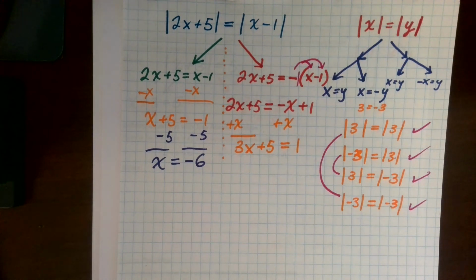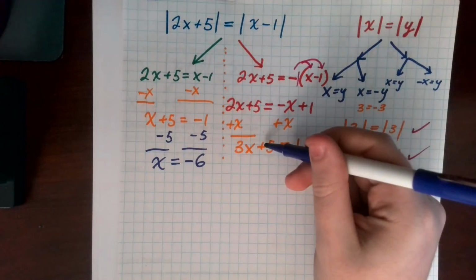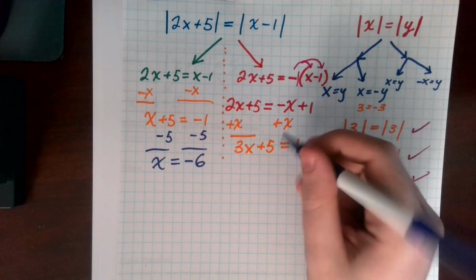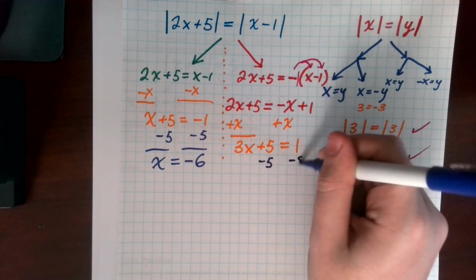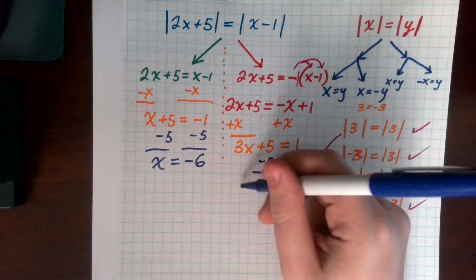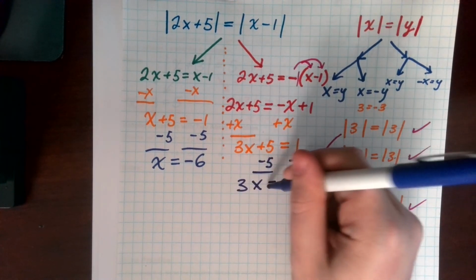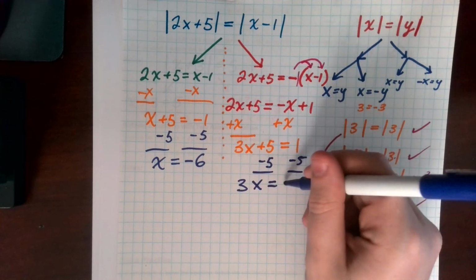Okay, how do we finish this off? Well, we want to get our constant term, plus 5, over on the right side. So we subtract 5 from both sides, giving us 3x equals 1 minus 5 is negative 4.